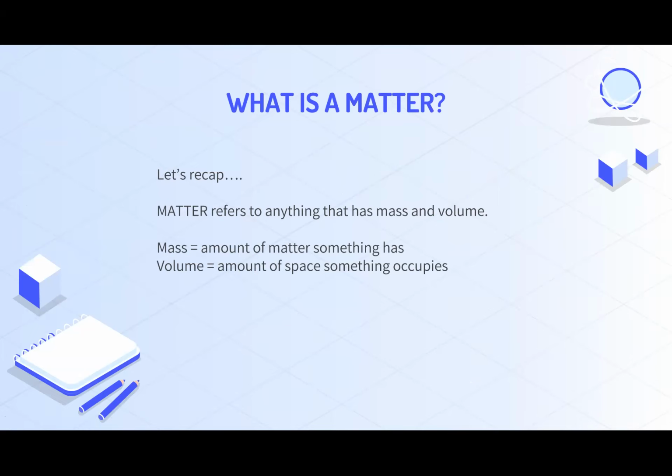A matter refers to anything that has mass and volume. Mass is the amount of matter something has. Volume is the amount of space something occupies. Be it solid, liquid, gas, there are molecules around us. So all these take up space, take up mass, and that's why it's called matter.